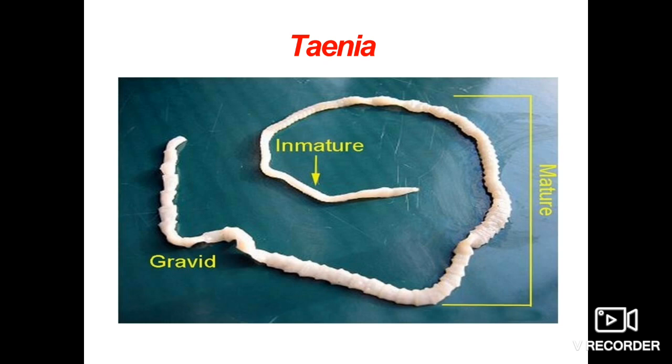Here you can see the real picture of a Taenia. You can see different proglottids like the immature side and mature side. That is called the gravids.